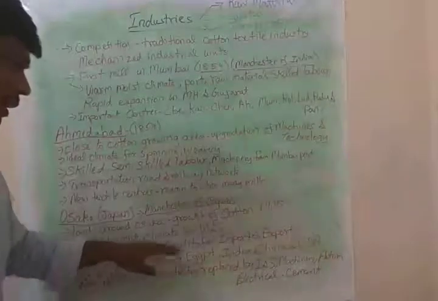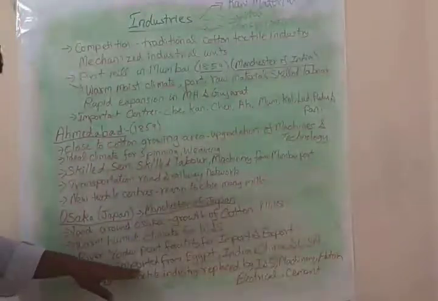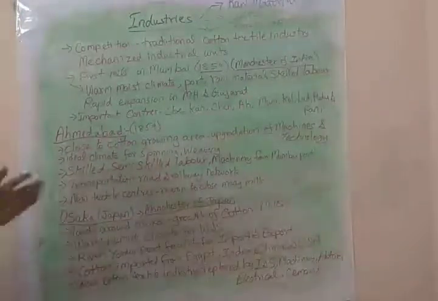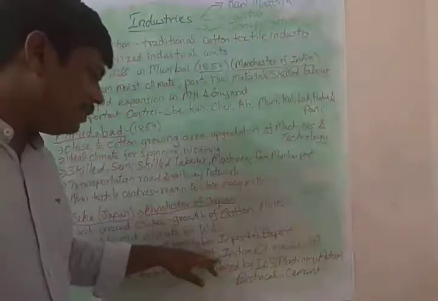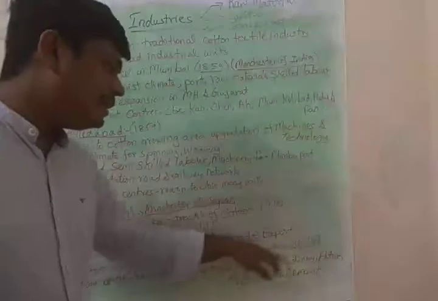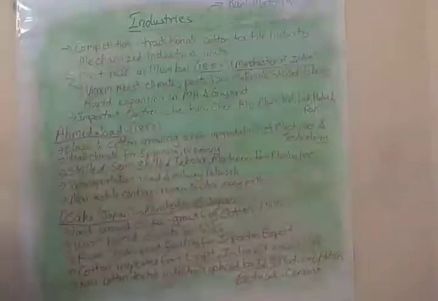Also they had a port nearby for the import of raw materials and the export of finished goods. And the next thing is cotton. Cotton was imported for Osaka from different countries, mainly from Egypt, India, China and USA.